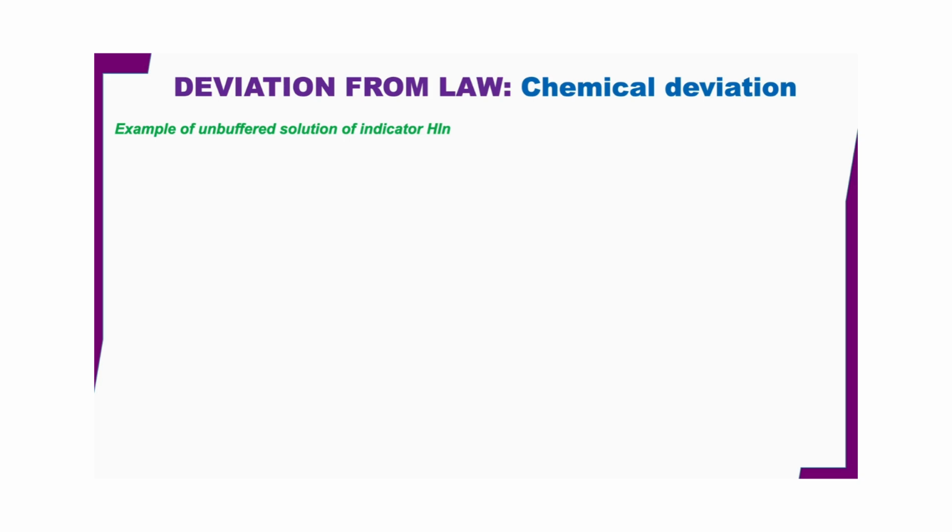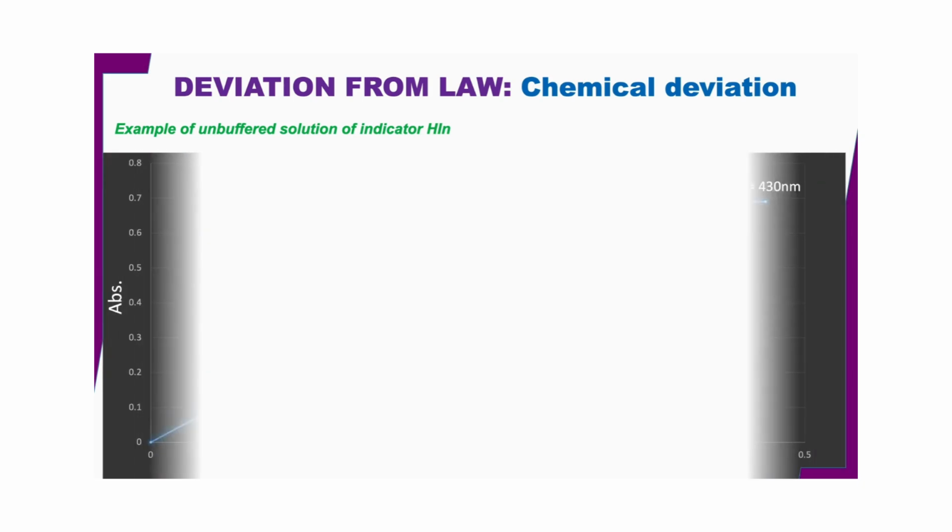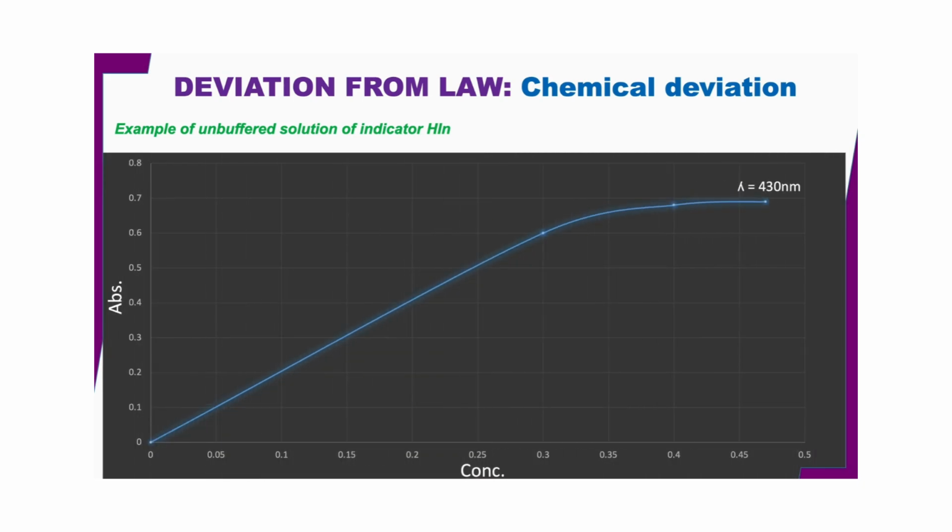We can take another example of an unbuffered solution of indicator, wherein you can see this particular graph is obtained. The figure shows a chemical deviation from the Beer-Lambert law for an unbuffered solution of indicator. At a wavelength of 430 nanometers, absorbance is mainly due to the ionized indicator, that is the In minus form of the indicator, and that is proportional to the fraction of the indicator ionized.